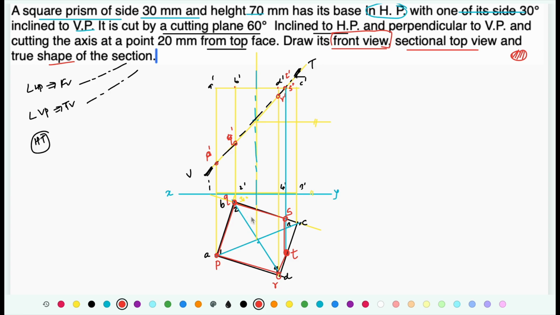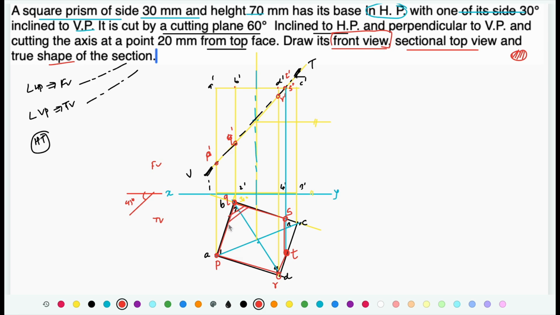Now when you draw that sectional view, it is to be filled with section lines. For this front view as well as this top view, the reference line is this XY line. So the section lines that you are going to draw in this highlighted portion are to be drawn at an angle of 45 degrees to the XY line.